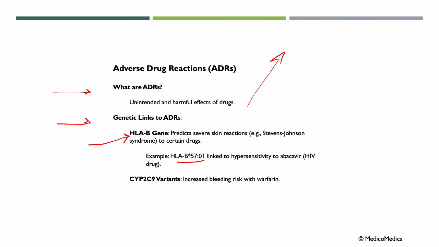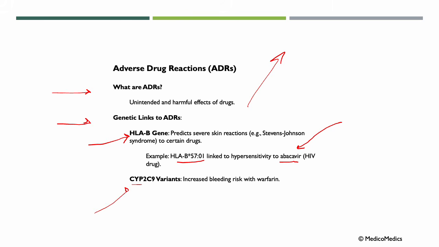For example, we have HLA-B*5701, right? This is linked to severe allergic reactions to the drug abacavir, which is an HIV drug. This causes hypersensitivity syndrome to this drug, which can be life-threatening.